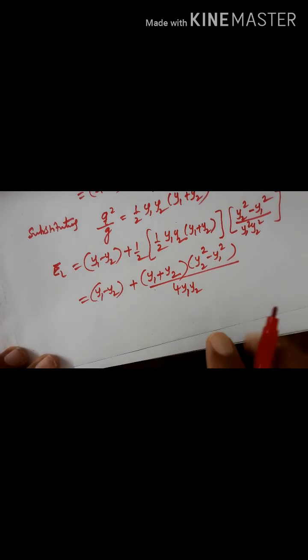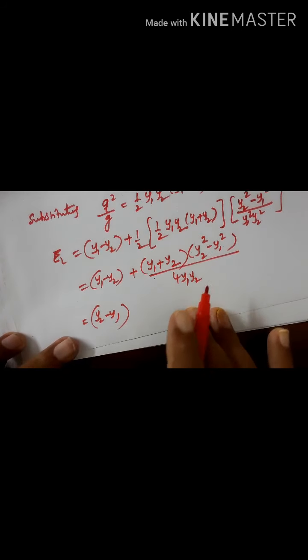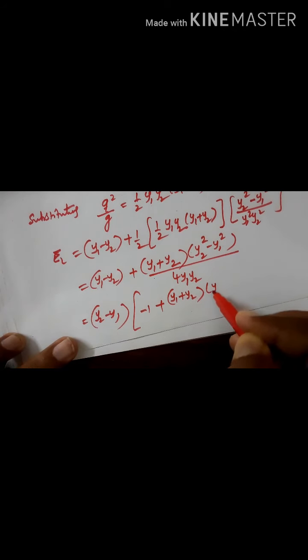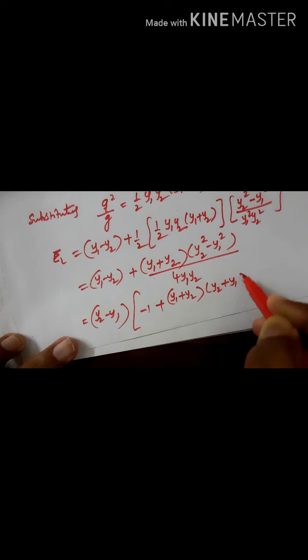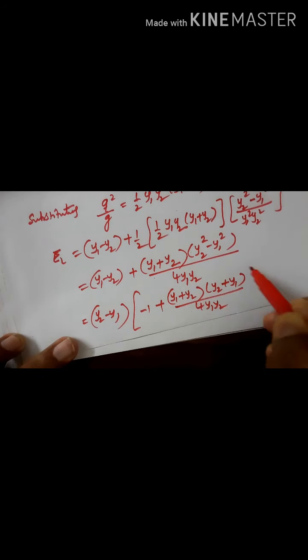This you get. Further if you simplify, you will take y2 minus y1 out, you will get minus 1 plus y1 plus y2 one term, then y2 plus y1 divided by 4y1 y2.